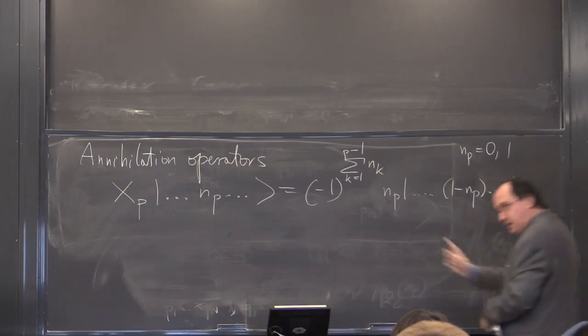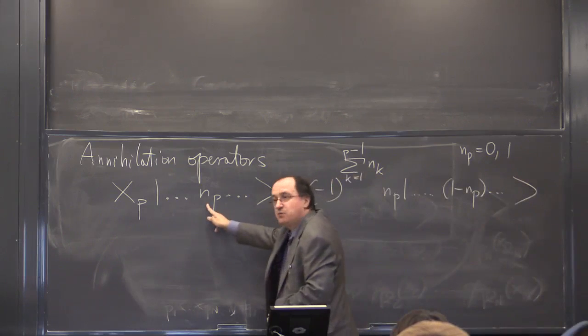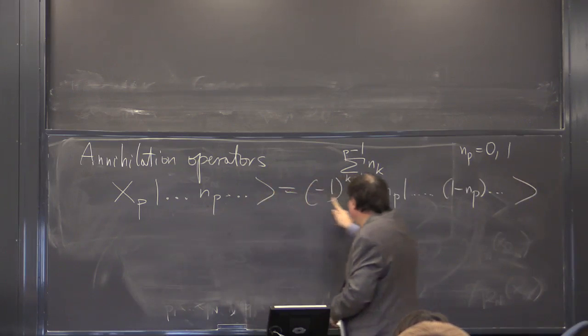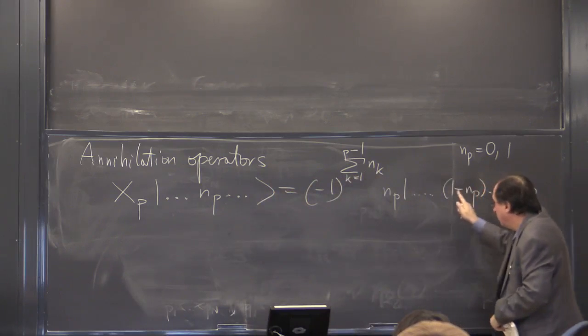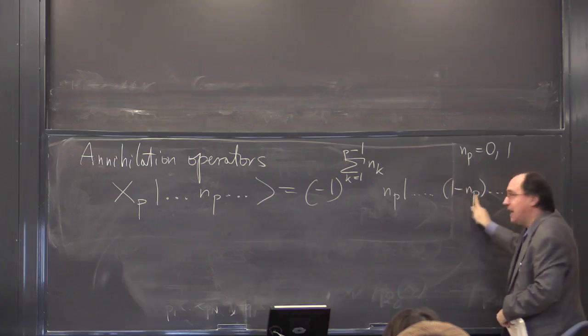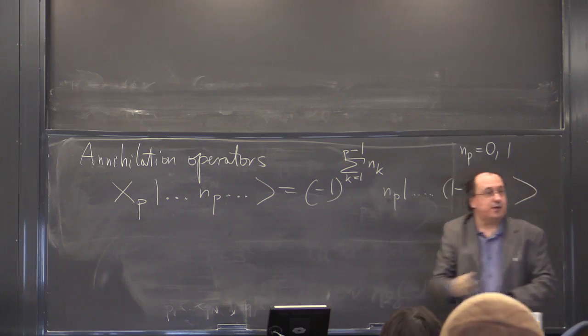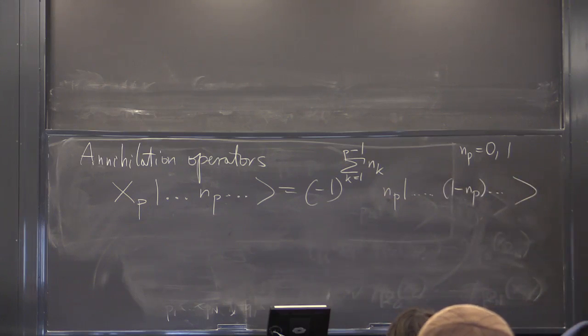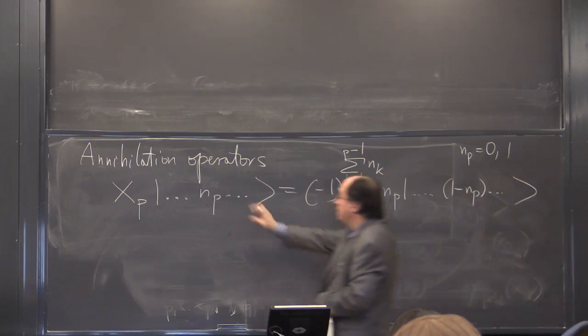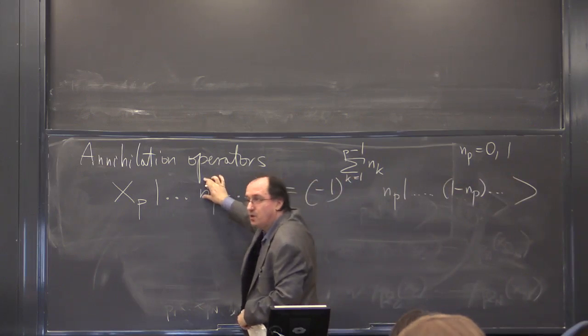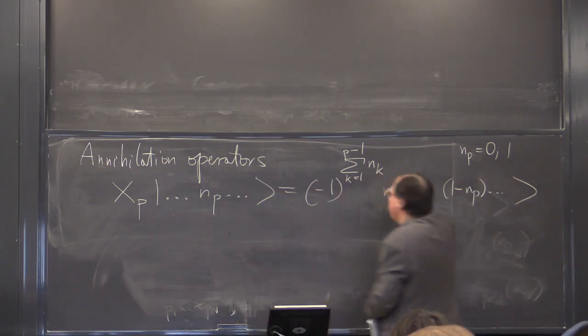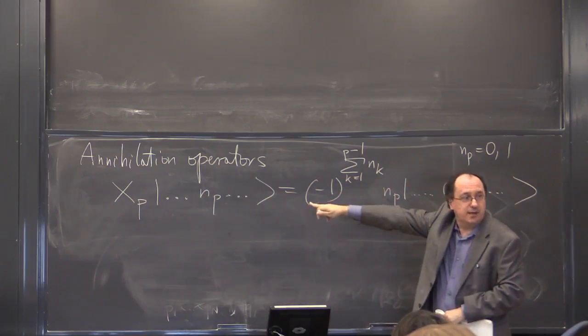If N_P is 1, let's read again, you get 1 minus 1, that's going to be 0, meaning unoccupied here, and then you have 1. So in other words, when the annihilation operator acts on a state where you have an occupied state here, then you simply annihilate that particle from that level.